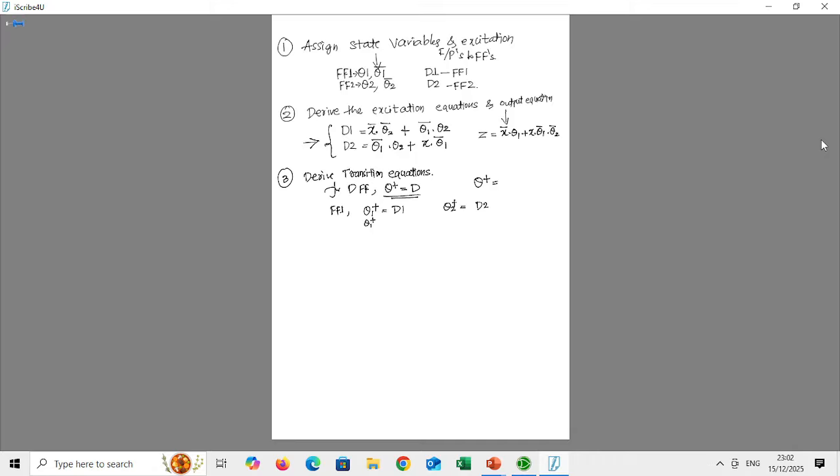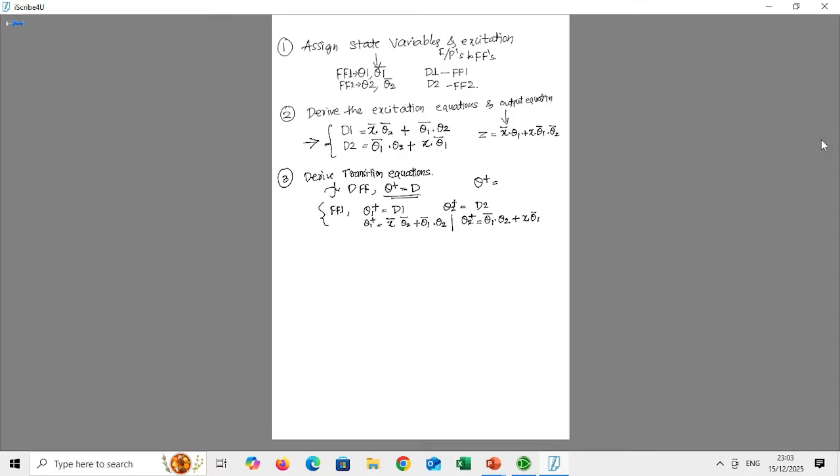Now Q1 plus is equal to X bar Q2 bar plus Q1 bar into Q2. It is the same: the excitation equation and transition equation may be the same in the case of a D flip-flop. For Q2 plus, it may be different when other flip-flops are used. Q1 bar, Q2 X and Q1 bar. Now we have got the transition equations for both flip-flops.